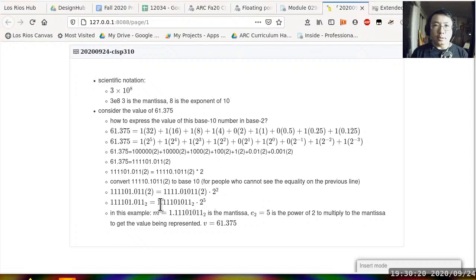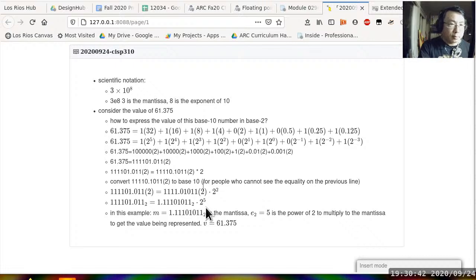Well, this is the best we can do. We express the mantissa as a coefficient, and then we express the power of 2. Instead of writing 1 followed by 5 zeros in base 2, it really is the same thing as 2 to the power of 5.